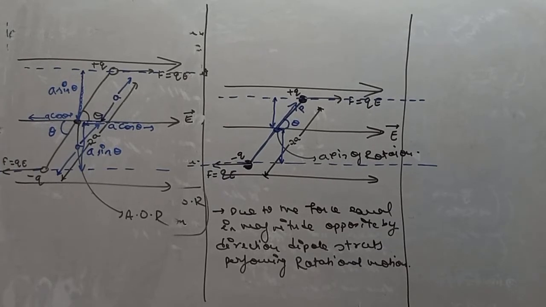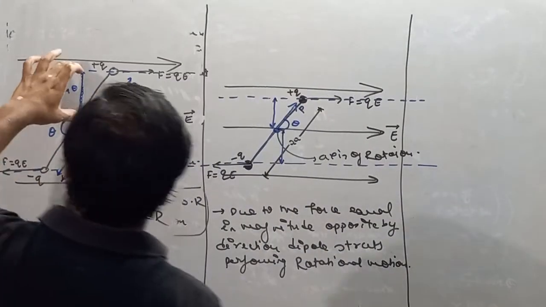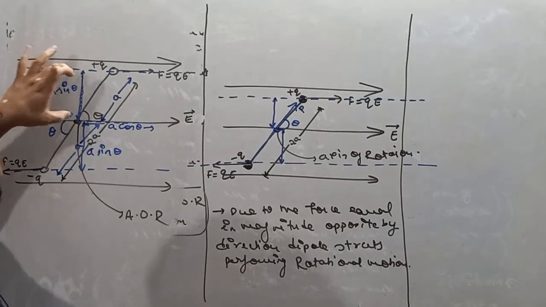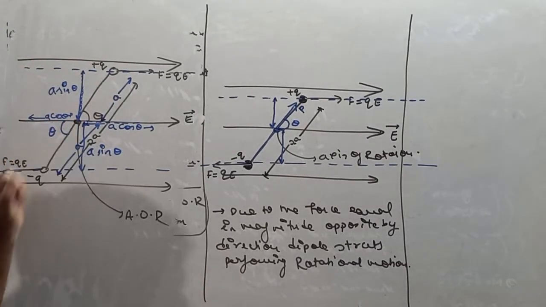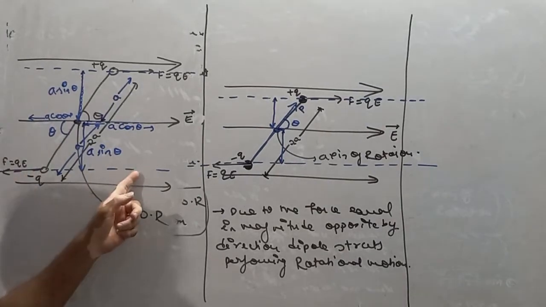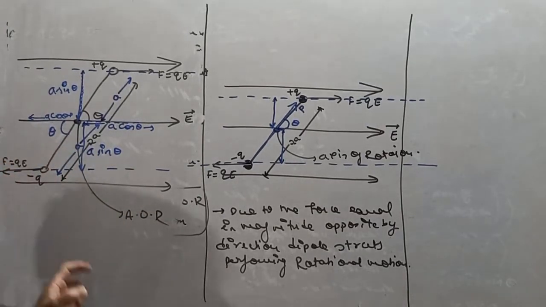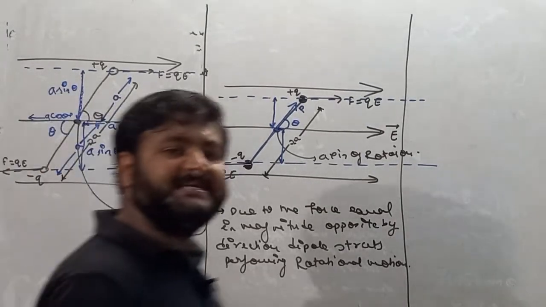One is a cos theta, one is a sin theta. We need the perpendicular distance from the axis of rotation to the line of action. So the perpendicular distance of the force acting on the plus q charge is a sin theta, and the perpendicular distance from the axis of rotation to the line of action of the force acting on the negative charge is also a sin theta.